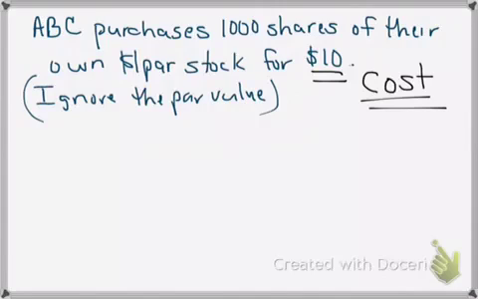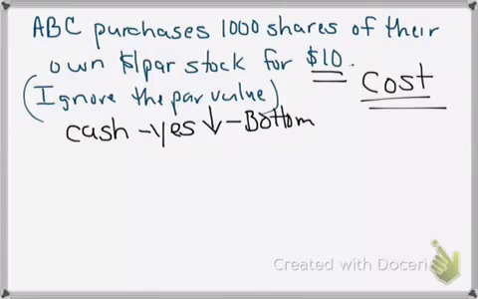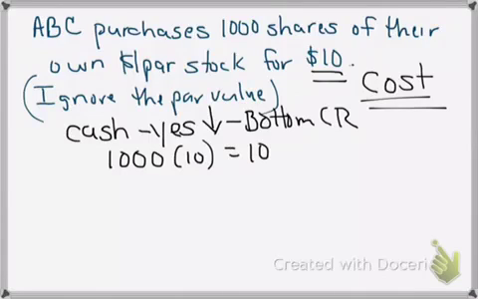So in this particular case, was cash involved in this entry? Well, yes, cash is definitely involved in this entry because we are purchasing these shares. What is happening to cash? Well, it's going to go down, which means it will be on the bottom. It will be our credit for this particular entry. How much cash? Well, it's 1,000 shares, $10 a share, and so that is going to be $10,000.